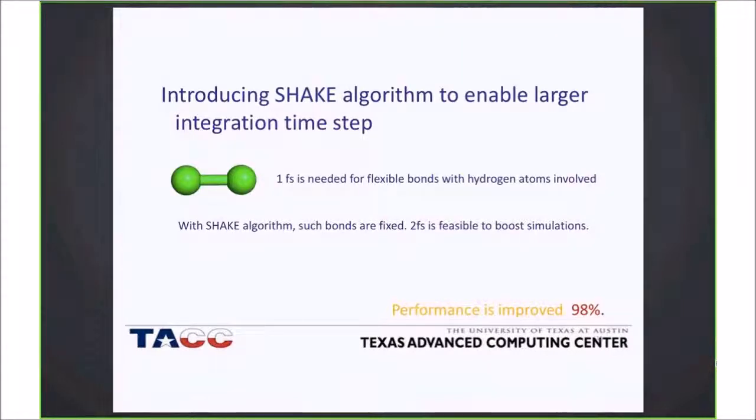Additionally, the SHAKE algorithm can be employed to fix the bonds involving hydrogen atoms, then we are able to use a 2 femtosecond time step to boost simulations. And we got performance improved by 98%.